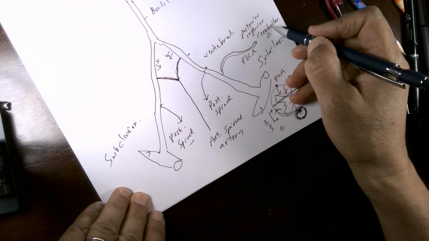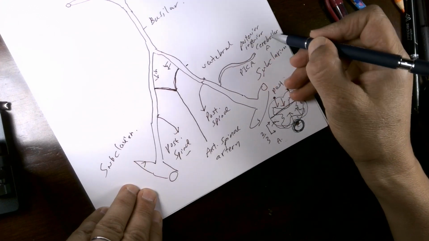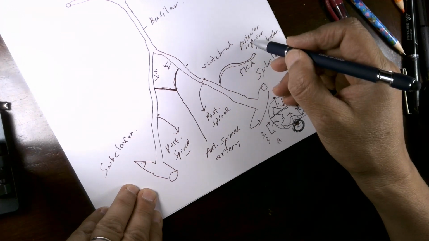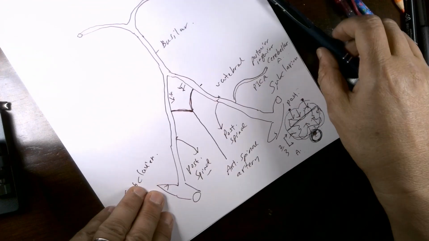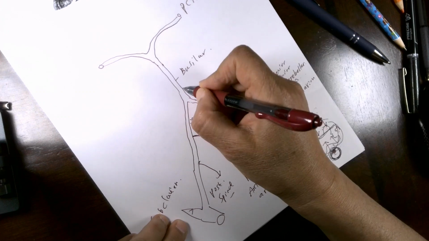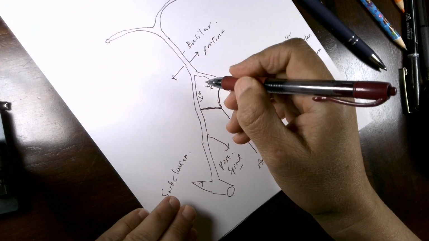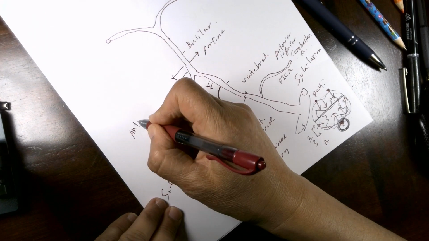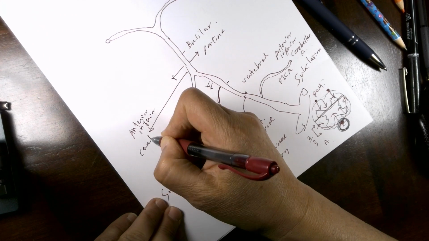Posterior inferior cerebellar artery is very easy to remember. If you translate this name, posterior inferior cerebellar, it means supplying what? The posterior part of the inferior surface of the cerebellum. Then coming to the basilar, it sends pontine branches, from the name going to the pons, and also gives AICA, which is the anterior inferior cerebellar artery.